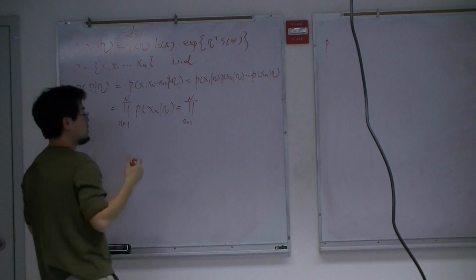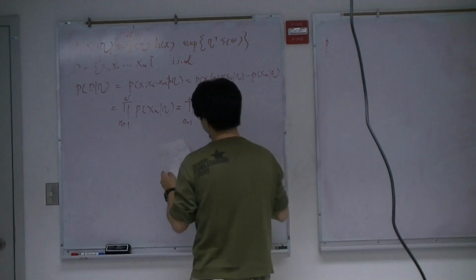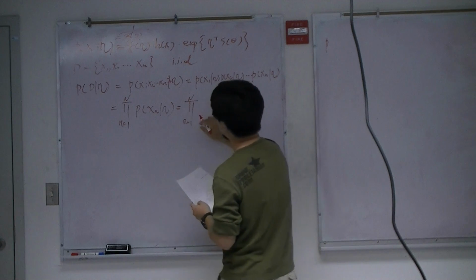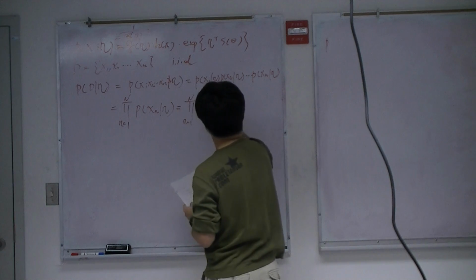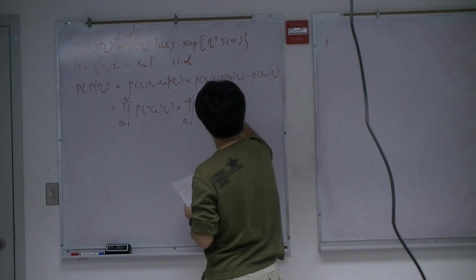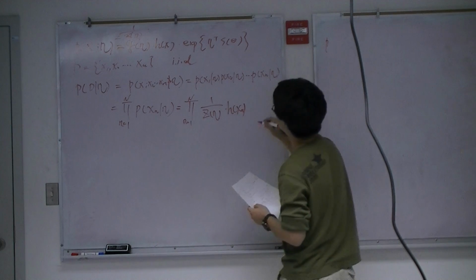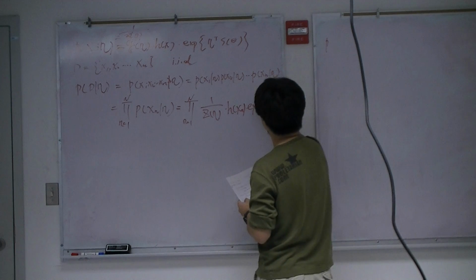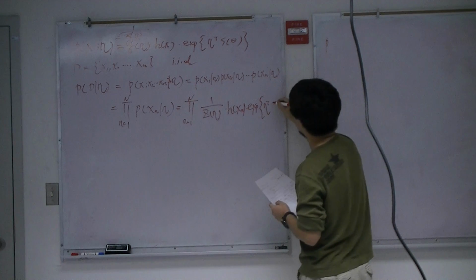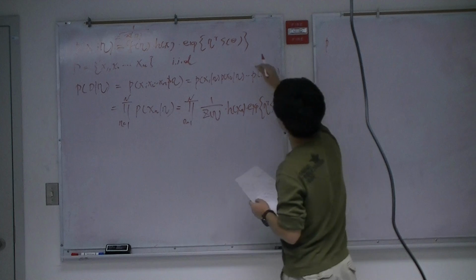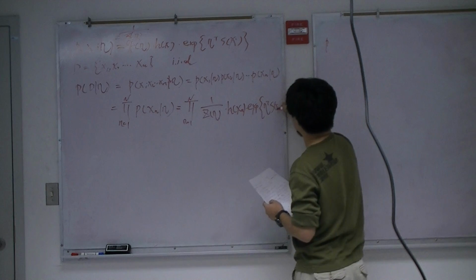This is just a different form of writing this distribution, that is equivalent. So you have this multiplication of g of beta times h of xn and times exponent of beta transpose times the sufficient statistic s of xn.